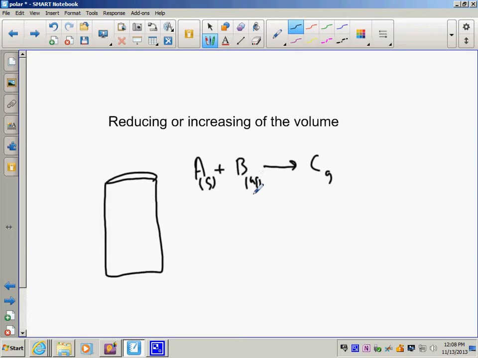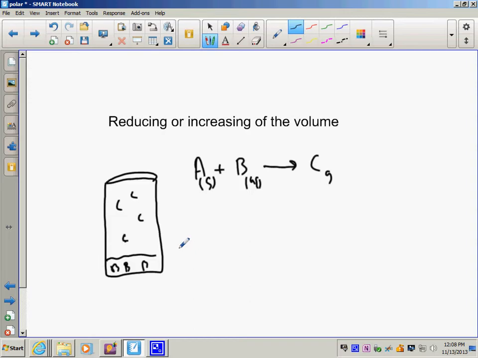Kind of hard to see with these markers, but in reality I maybe have a little liquid here, some B inside floating around, and above it some C's floating.